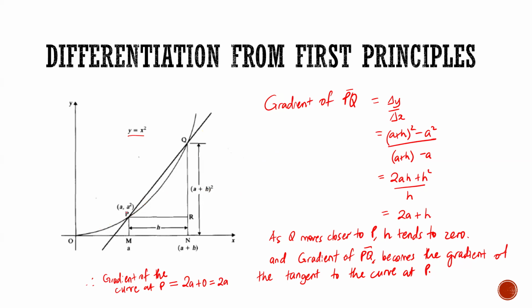It's not like it was a special number. We just picked a variable a, and so we know that for the curve y is equal to x squared, its gradient function, which we call dy/dx, will in fact be equal to 2x. And this is how we get the gradient function of a curve.